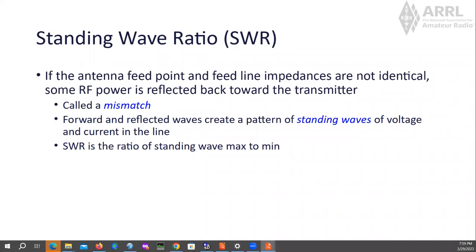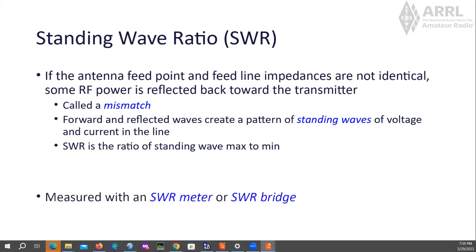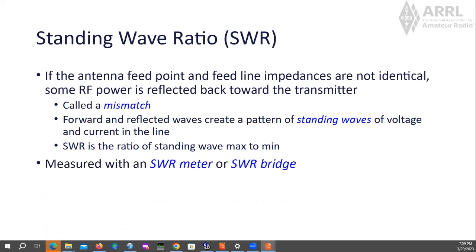Forward and reflected waves create a pattern of standing waves of voltage and current in the line. SWR is the ratio of standing wave maximum to minimum voltages. Measured with an SWR meter or SWR bridge.